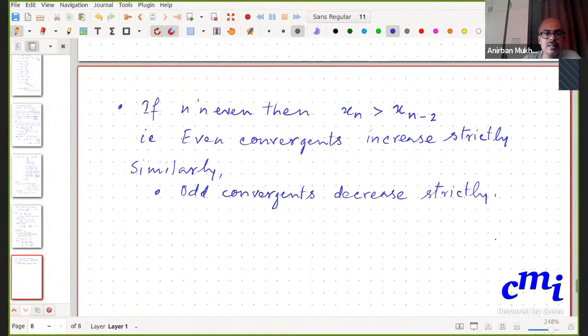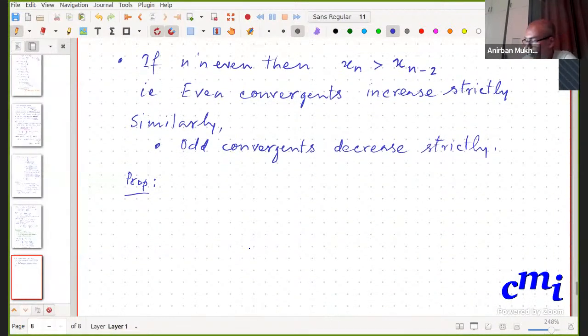One more thing we can easily conclude is the following. Let's write it as a proposition. All these small propositions are going to be useful and important. They are all very easy to prove. Most of them I'm going to prove, and some of them I would include in my notes, but not prove in the lecture.